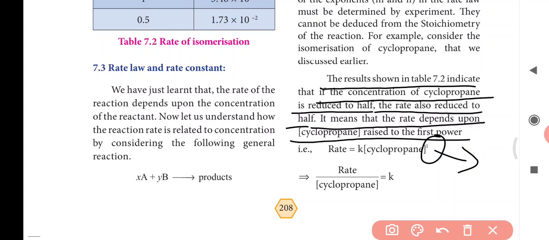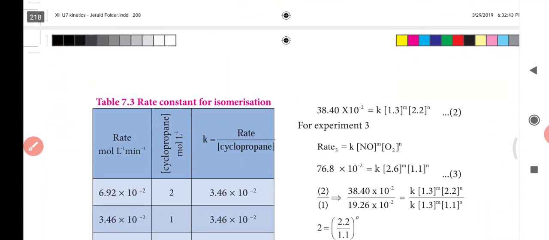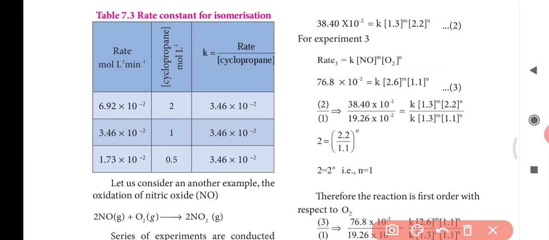If you want to find the proportionality constant K, you should divide the rate by the concentration of cyclopropane. This is the formula to find the value of K. This is the rate constant for some isomerism.